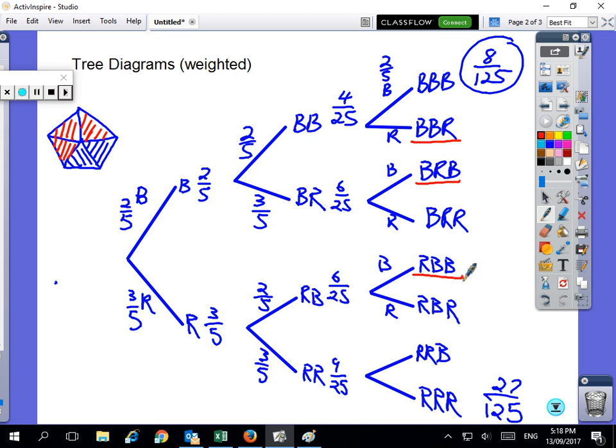And so I just work out those chances by going across: 3 on 5, 2 on 5, 2 on 5, 3 times 2 times 2, which is 12 on 125. You'd find that each of those was 12 on 125. So what is my chance of getting exactly one red? Well, I just add those together, 12 plus 12 plus 12, which is 36 on 125. So that's how we answer questions using a weighted tree diagram.